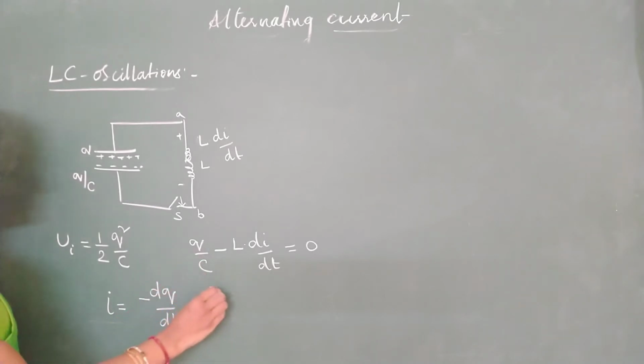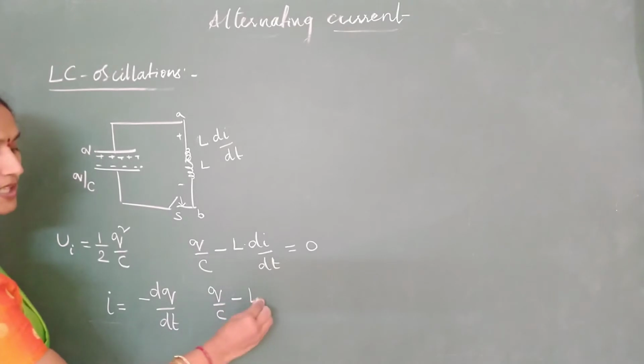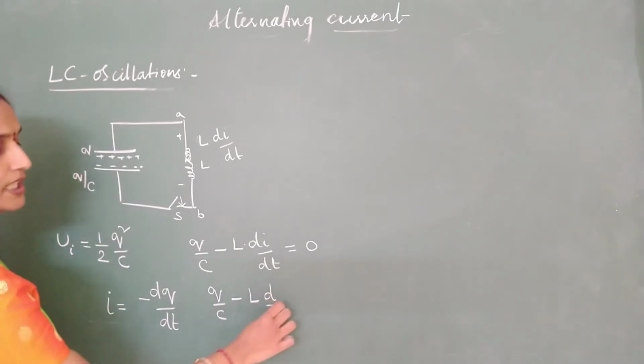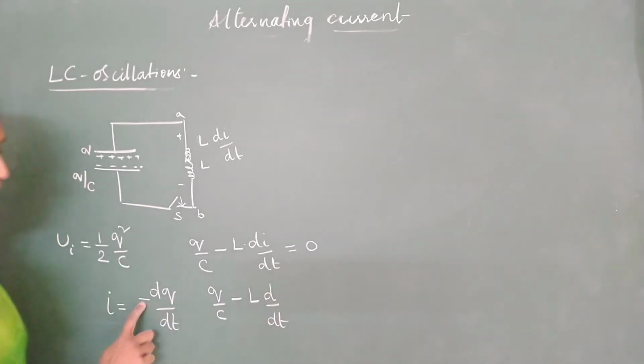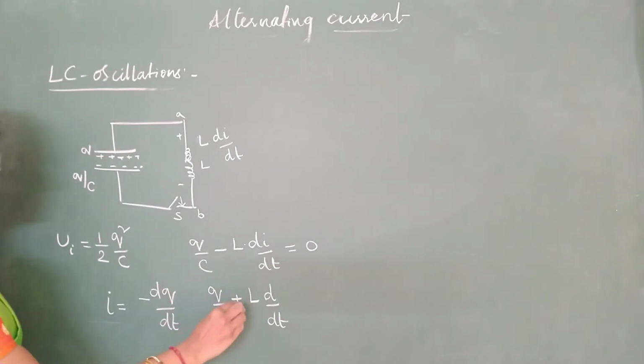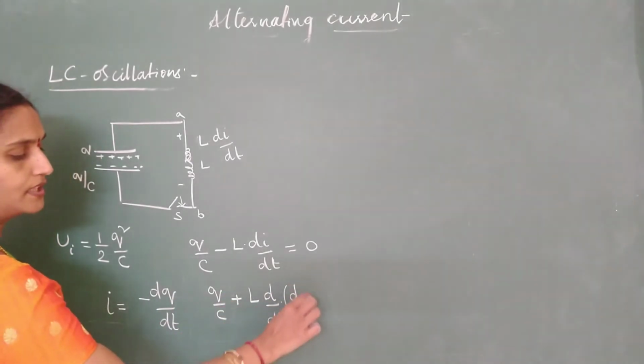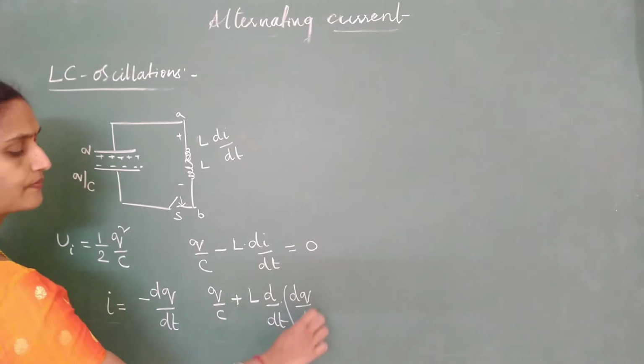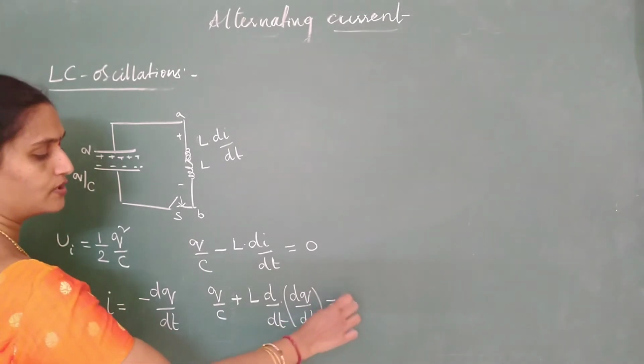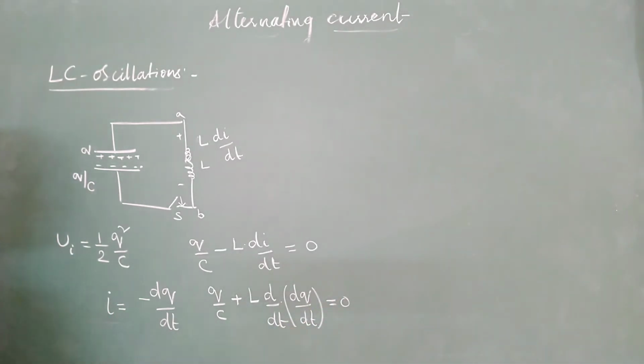So go back to this relation: q by c minus L into d by dt of minus dq by dt, I will make it plus, dq by dt should be equal to 0. See, we have got a second order differential equation in q.